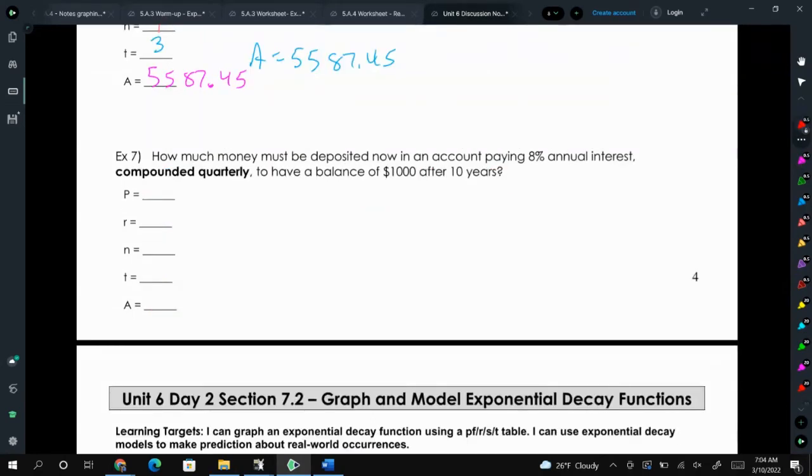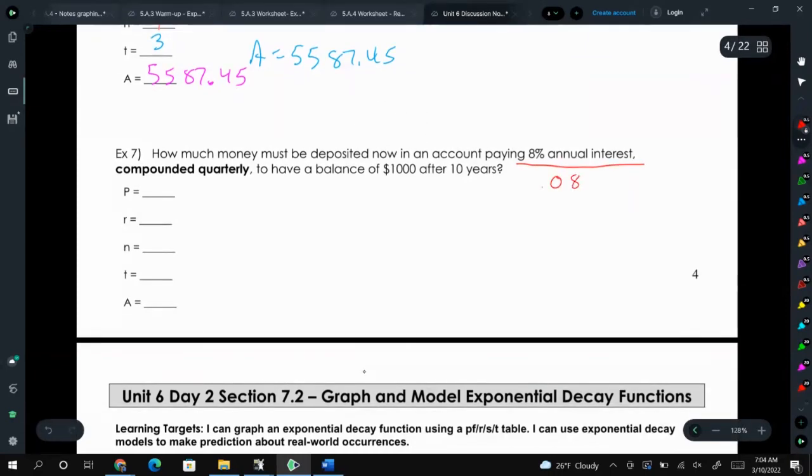Now let's look at number 7. It says how much money must be deposited right now in an account paying 8% annual interest. So that means 0.08 compounded quarterly. Okay, so the n is 4 again. For your balance to have $1,000 after 10 years. So t is 10, but I'm not starting with $1,000.